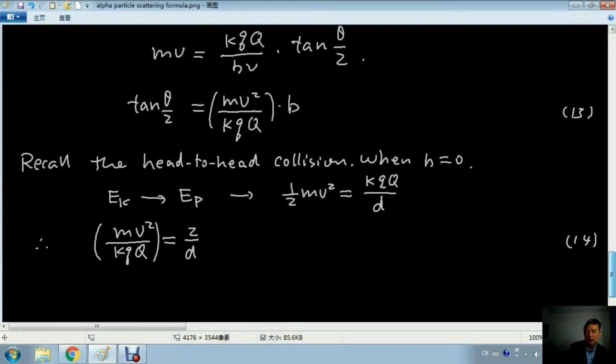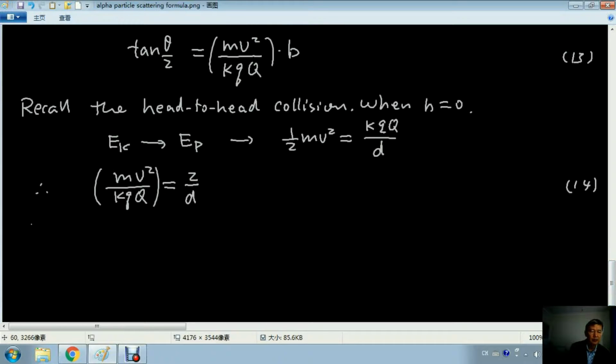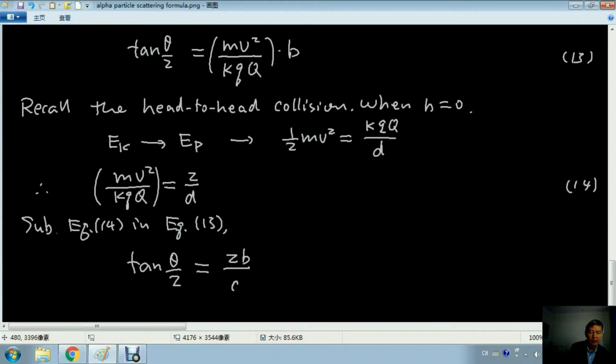So if we substitute equation 14 into equation 13, we have tan half theta equals 2b divided by d. d is the minimum distance for the head-to-head condition.